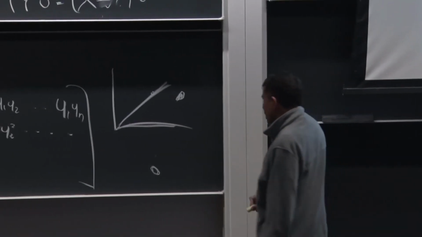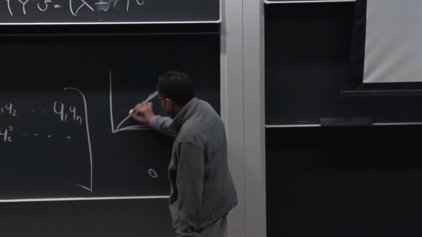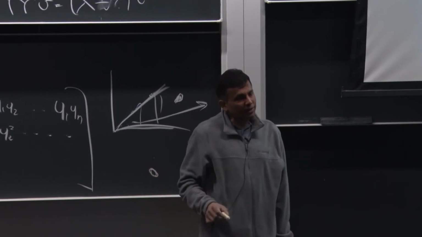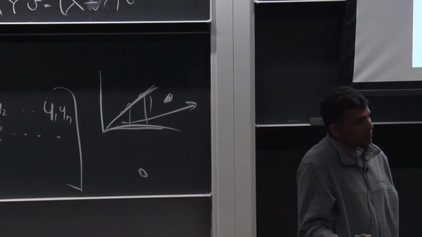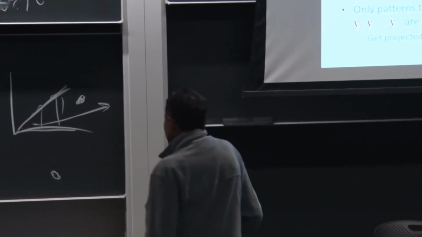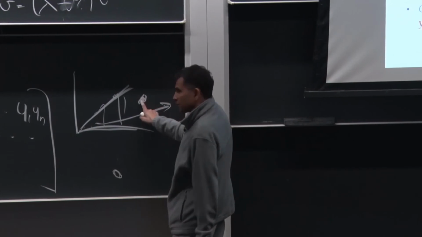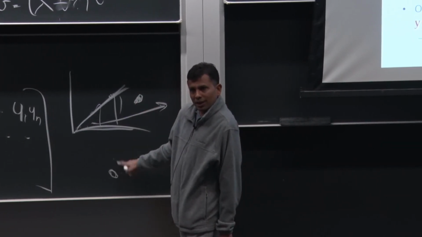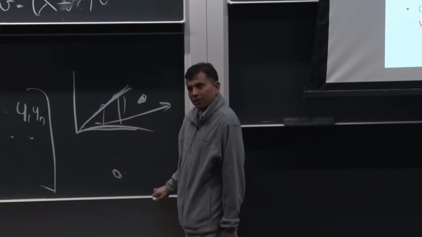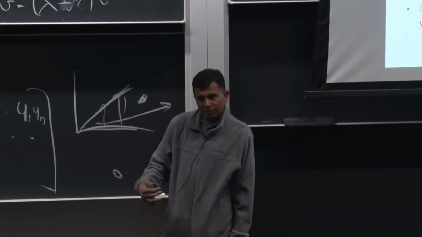Then if I take any other vector y in this plane, that vector y, when multiplied by w, is not going to change. Why? Because this vector can be written as some a times this guy plus b times this guy, and these have eigenvalues 1. So w times y is just going to return itself.